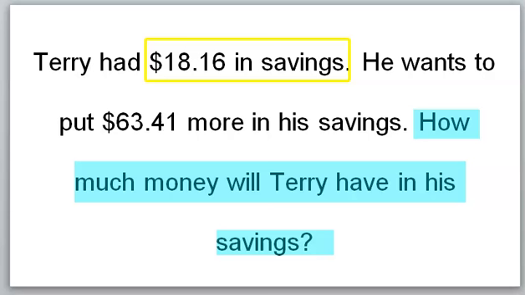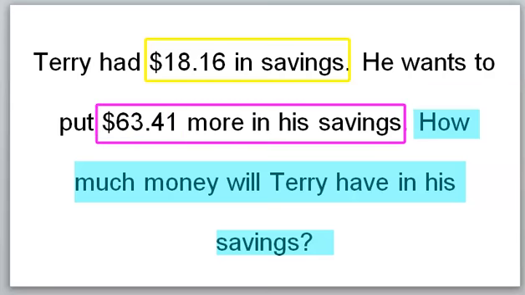And then Terry comes into a little bit more money and wants to put $63.41 more into his savings. And we want to know how much money Terry is going to have in savings. Another thing that I could ask is how much money will Terry have in his savings in all, or how much total money will Terry have in his savings in order to solve this problem.